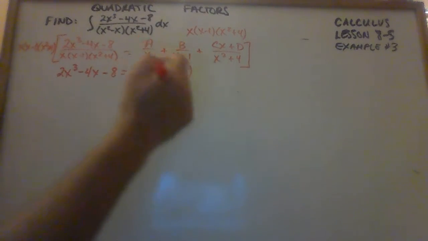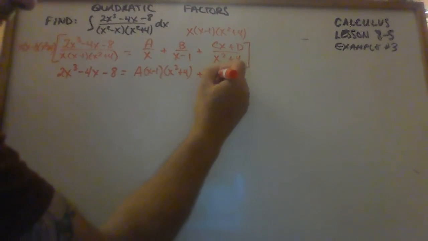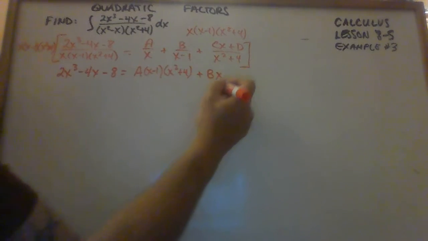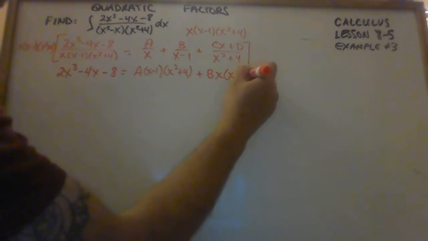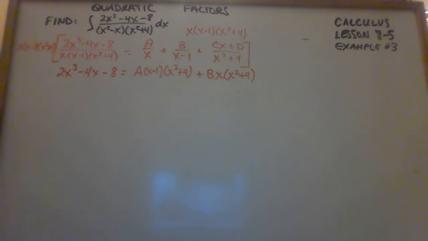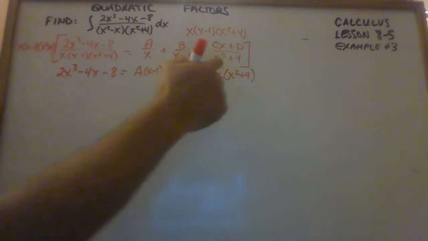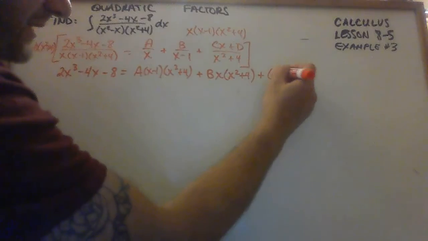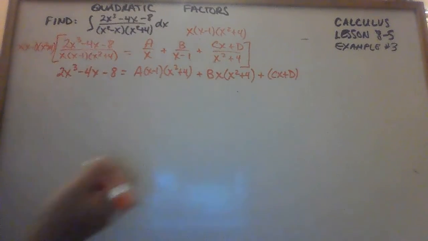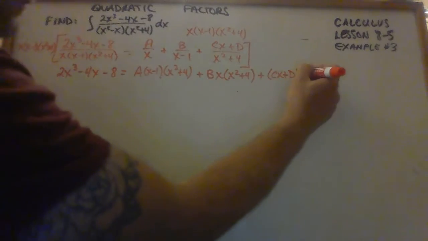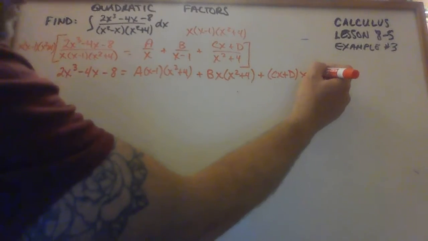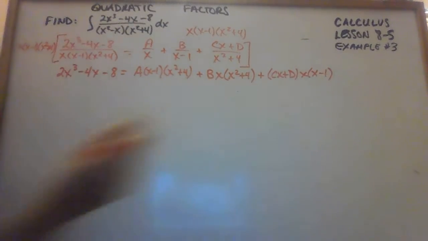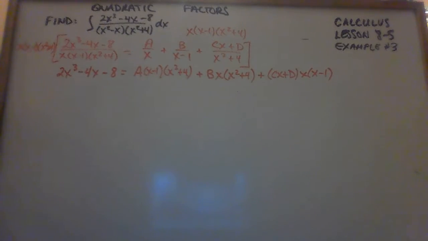The (x minus 1) cancels that, leaves me with B times (x squared plus 4). Then the (x squared plus 4) cancels that, and leaves me with (Cx plus D). Notice I put that in parentheses, times (x minus 1).